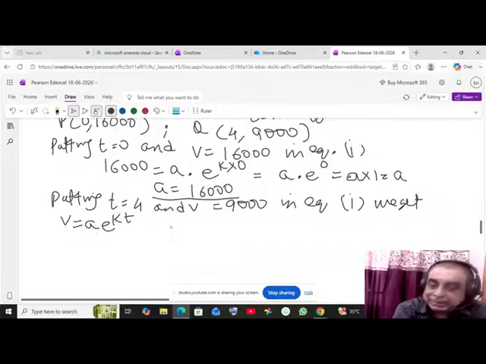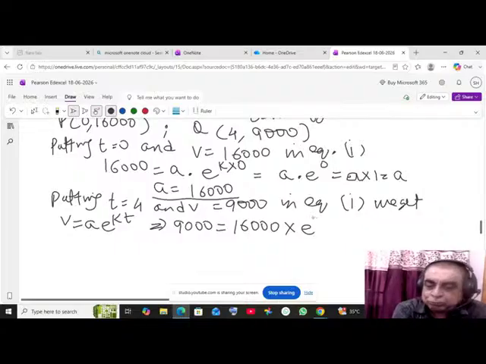We already found a, so in place of v we write 9,000 equals 16,000 times e to the power of k times t, where the t value is 4 and the k value we have to find out.